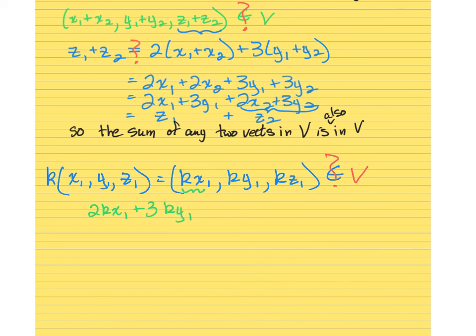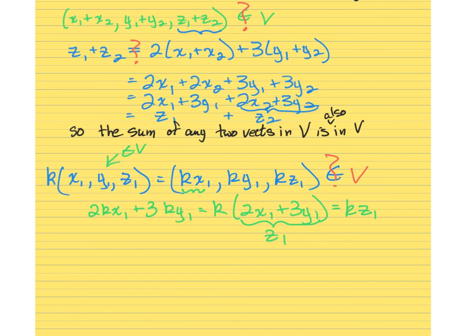And hopefully that will equal the z coordinate, but we have to do a little work first, and the little work is just factor out a k. That should be a 2. And look at that. That is, in fact, k z sub 1. Why? Because this is z sub 1, because this vector is originally in V. And so there we've shown that it's closed under scalar multiplication.